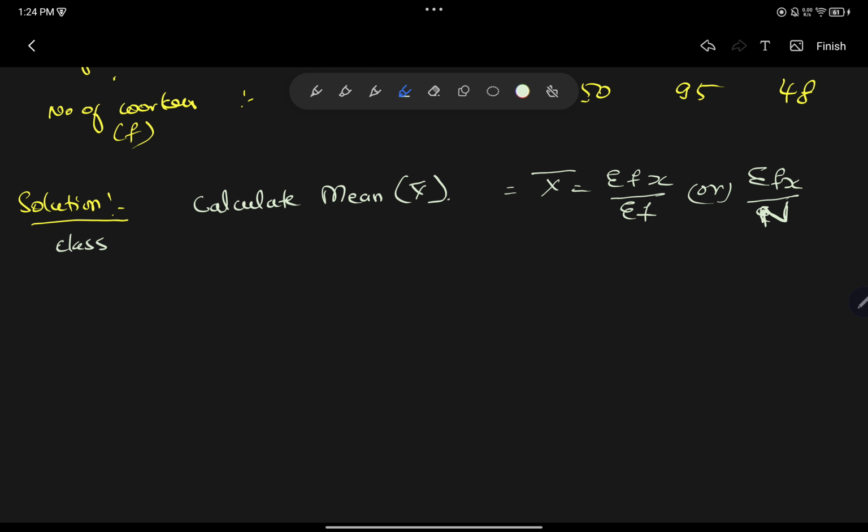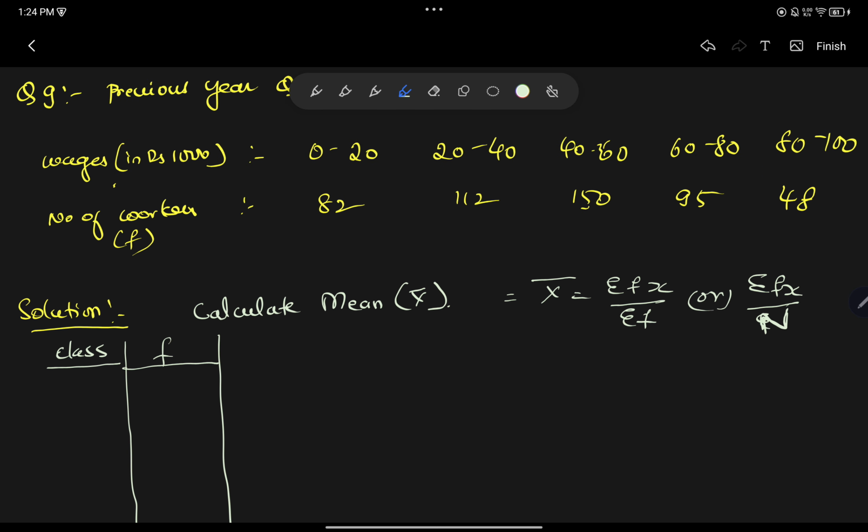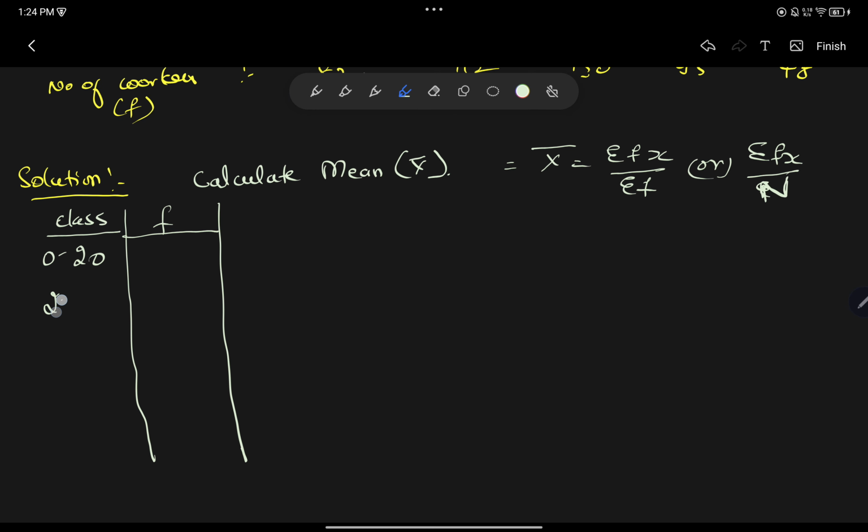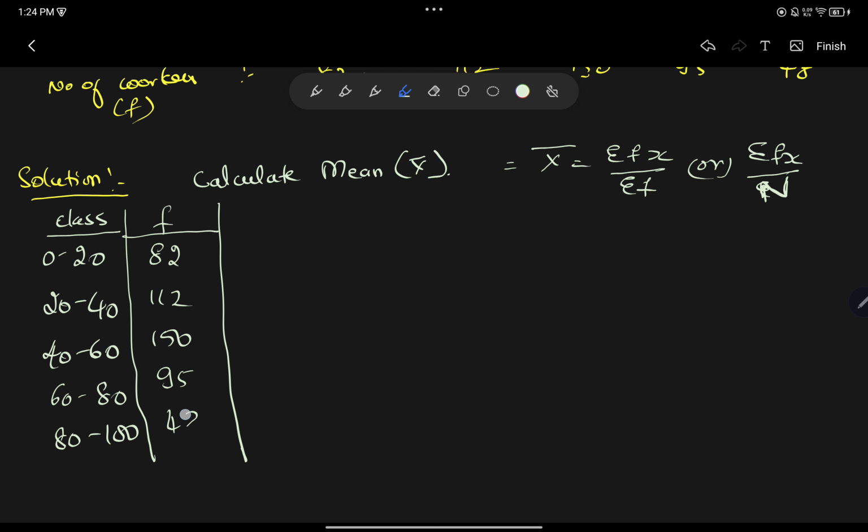Here they have given the classes 0 to 20, 20 to 40, 40 to 60, 60 to 80, 80 to 100, and the frequencies 82, 112, 150, 95 and 48. Frequency is summation of f or n.